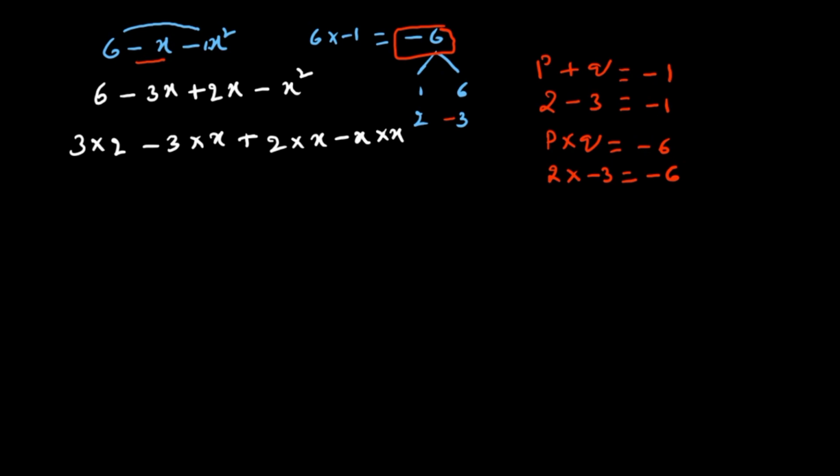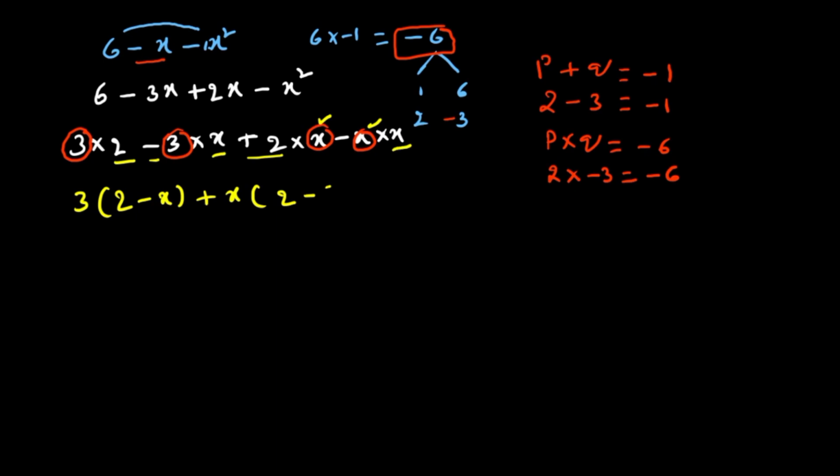So take the common from this 3 and from this one x. If you take 3 as common, you get 2 - x, and from +2x, plus x is the common, then we get 2 - x.